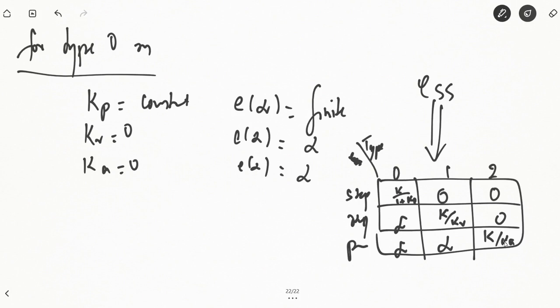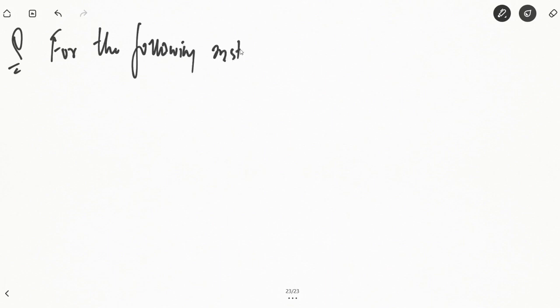So this is one analysis. We will do a numerical here. So let's do a numerical. For the following system, find Kp, Kv, and Ka.